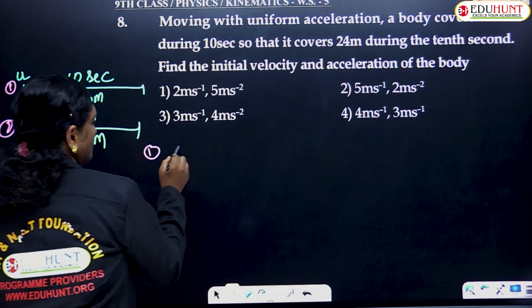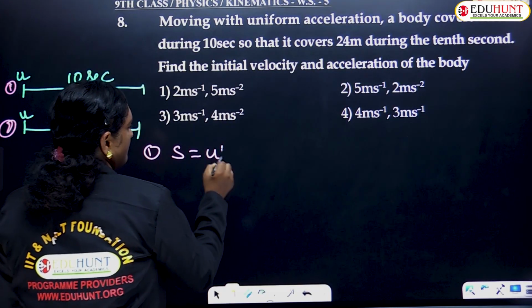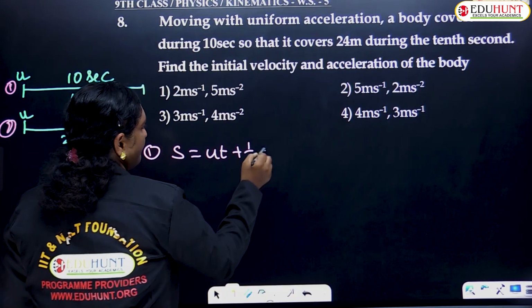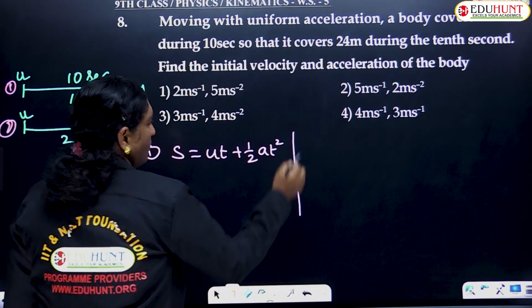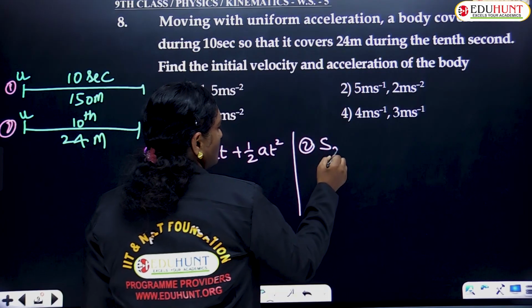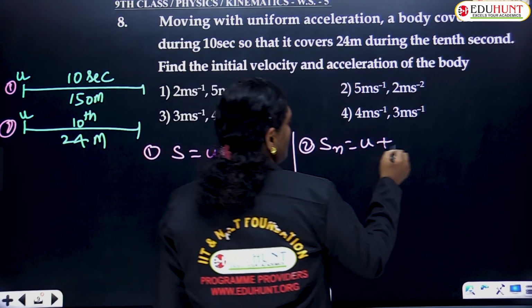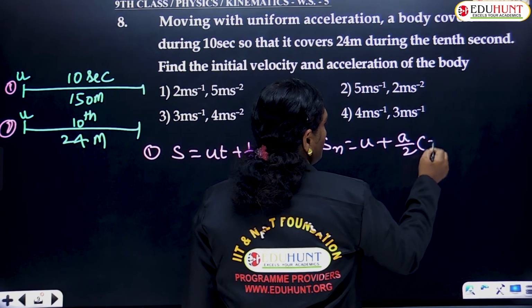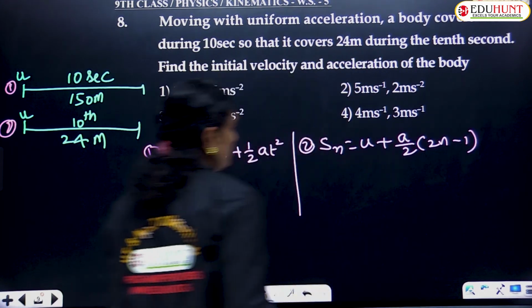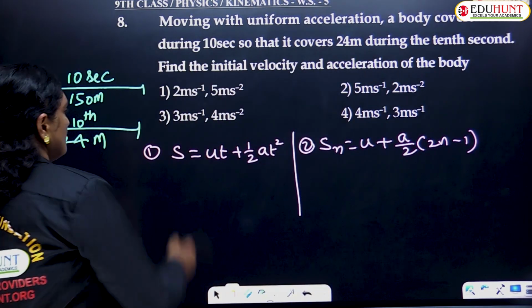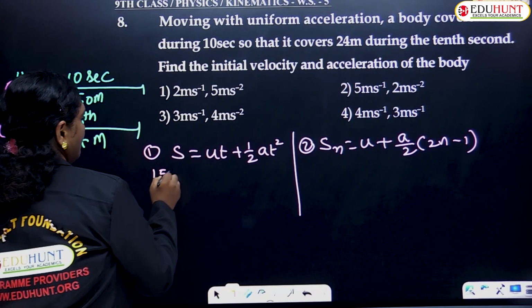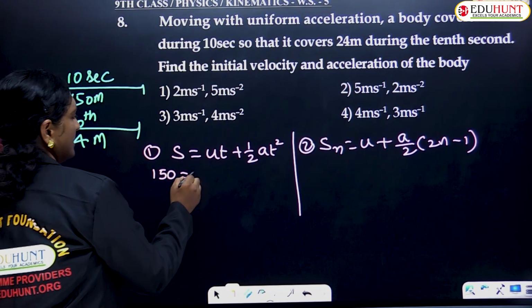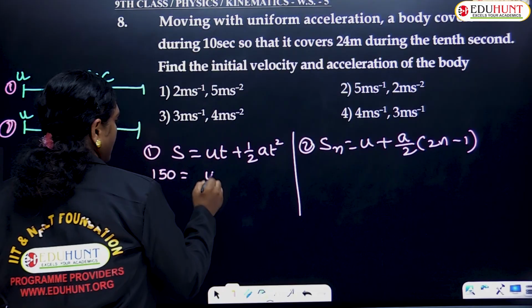For the first case, we need to use the formula S equals ut plus half at square, whereas for the second case you have to use the formula Sn equals u plus a by 2 into 2n minus 1. Two different formulas. So what is the distance covered, children? Given 150 equals initial velocity unknown, so keep it as u.